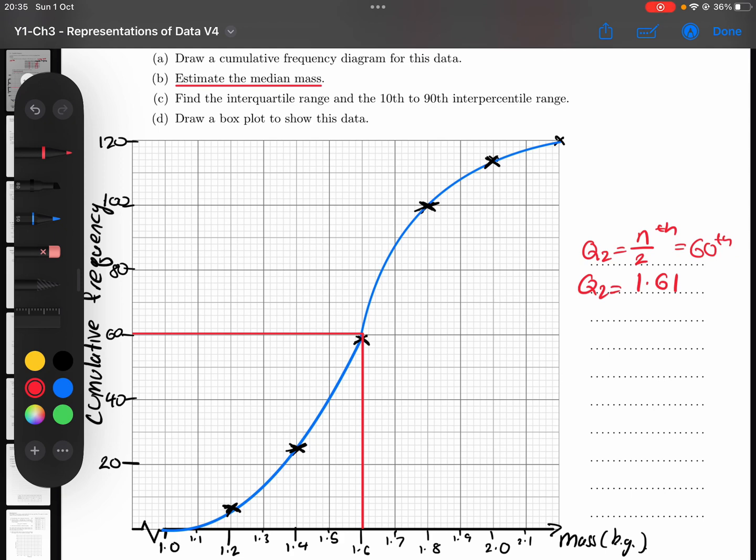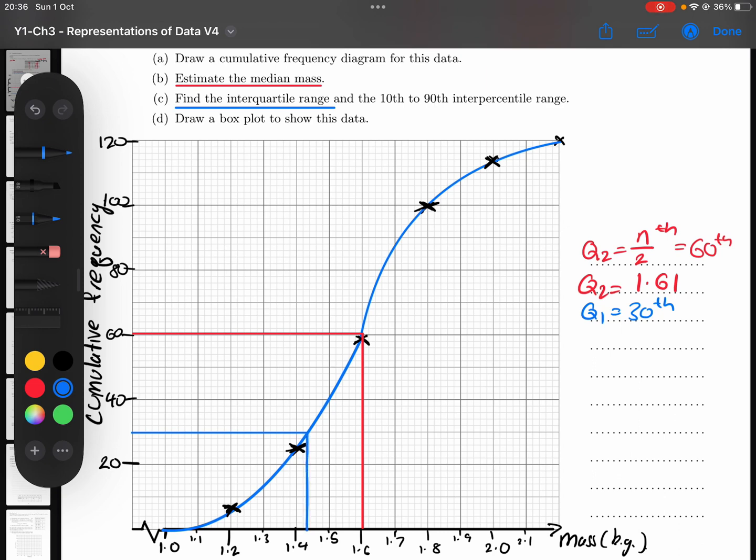This method of estimation can also be used to find the interquartile values. We would say Q1 would be 120 divided by 4, the 30th value. Go to the graph and go down.